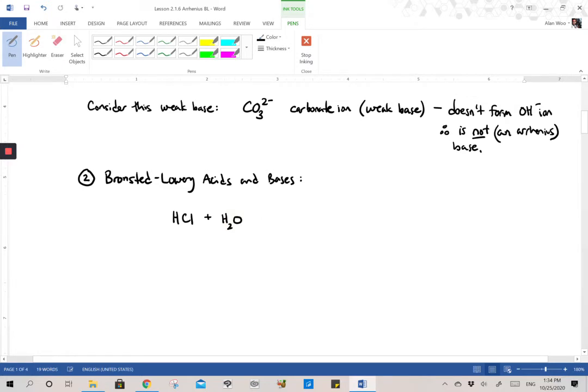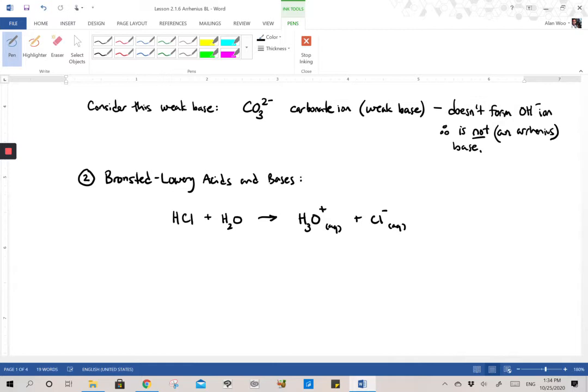I've shown you this reaction before where if you put water, you will get the hydronium ion as well as your chloride ion. And we have said in the past that your H3O+ and your H+ are virtually identical. They both represent the active component of an acid.